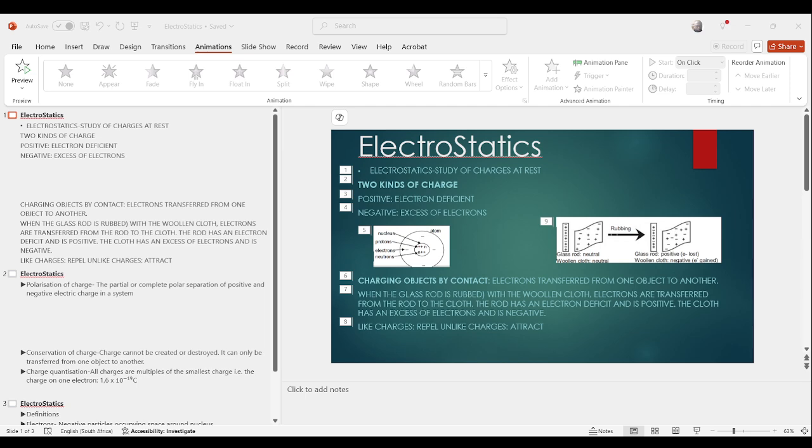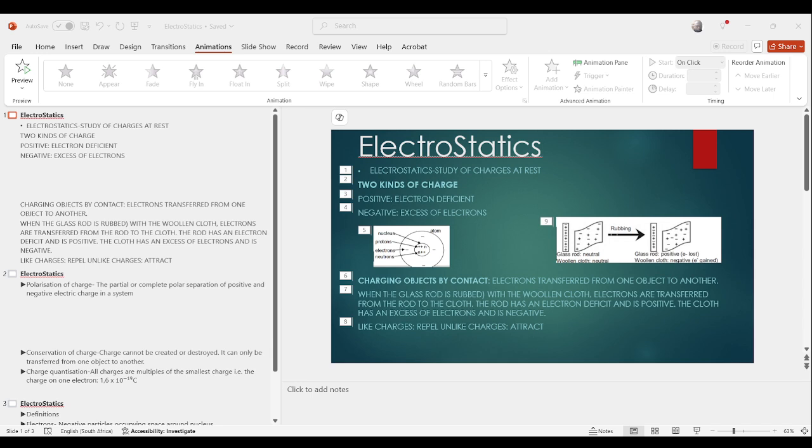Now, if you are charging an object by contact, let's say for instance, you have a negatively charged woolen cloth and you want to charge a ruler, you cannot transfer the charges if you don't put them in contact.